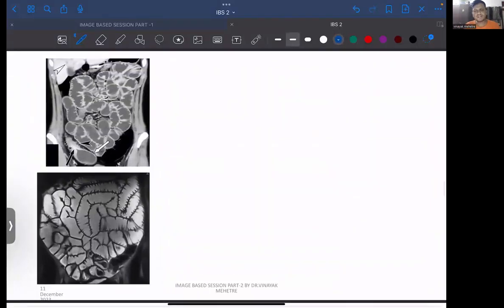Then this image has been asked. Actually ये पहले दूसरे पेज पे पढ़ाते हैं आपको रेडियो में. See, if there is a CT of abdomen, what I am saying, CT of the abdomen, what you will see? White bones. It is called as CT enteroclysis.